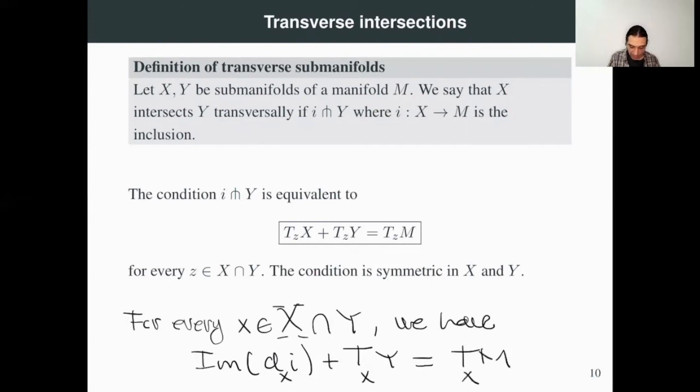The image by the differential of the inclusion at x is indeed the tangent space of big X at small x. And so we have this condition over here. And this condition is symmetric. So if X is transversal to Y, then Y is transversal to X. Okay?